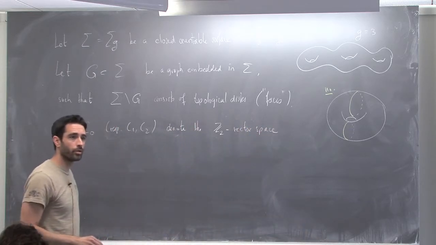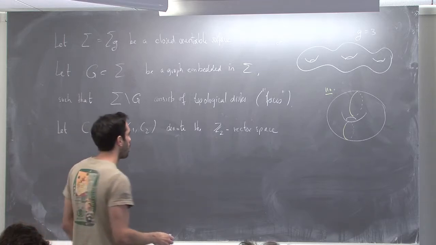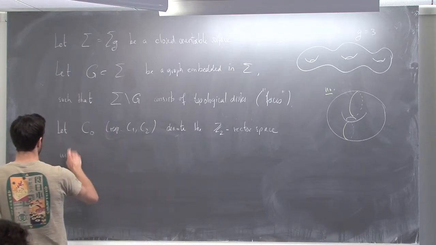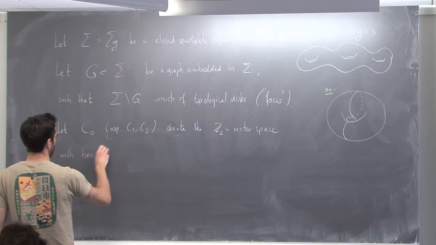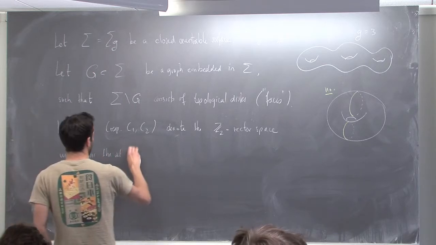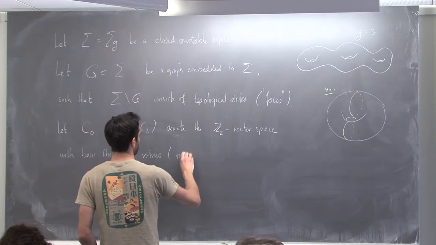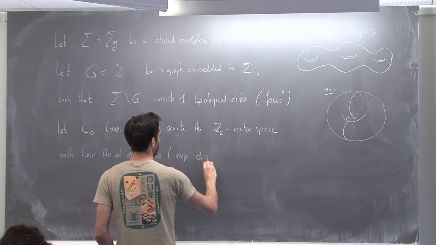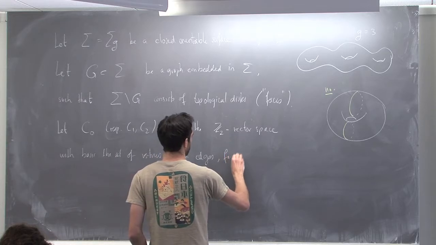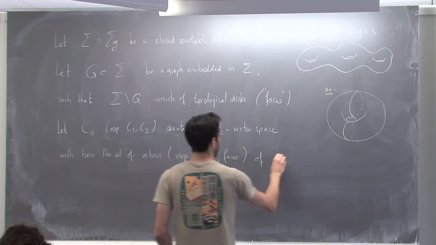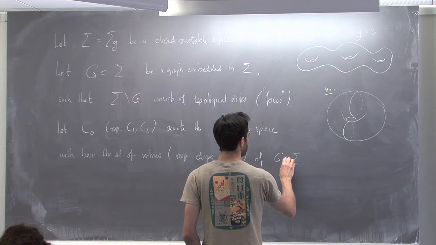We're going to form a vector space over Z2 with bases the set of vertices, respectively of edges and of faces of the graph sigma.